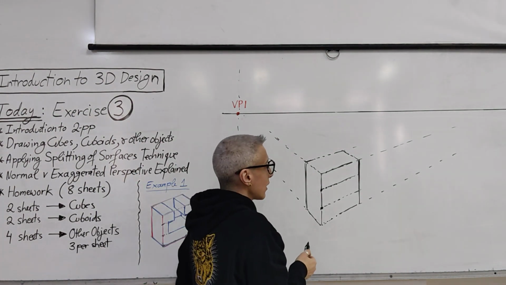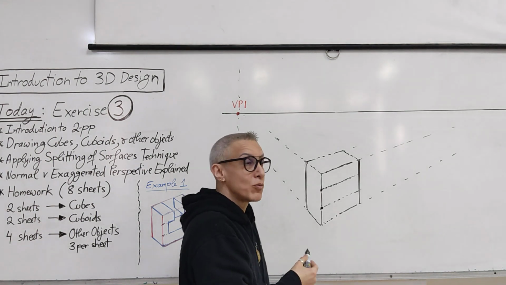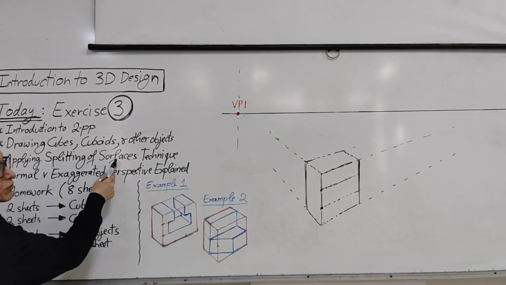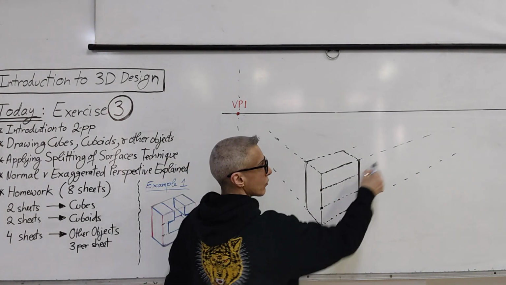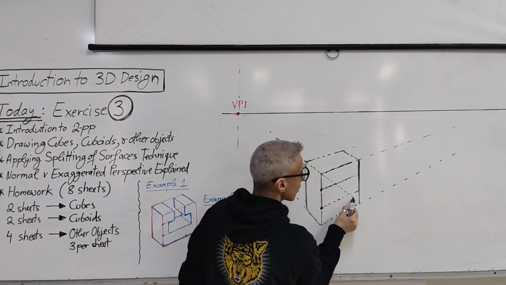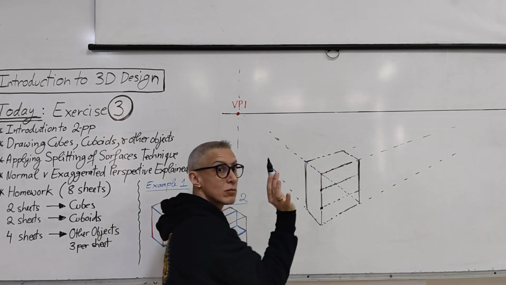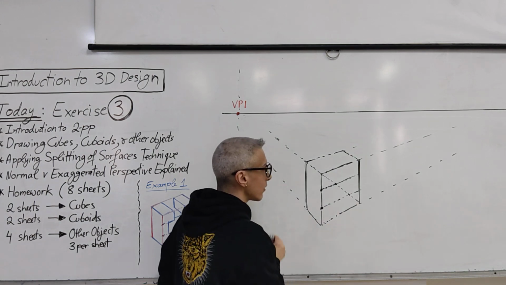So how did we do it before? Okay, what method did we use? Splitting of surface technique. So we have here this divided into three, these two lines going to the vanishing point, then we put one line from here to here, and this intersects here, and this intersects here.